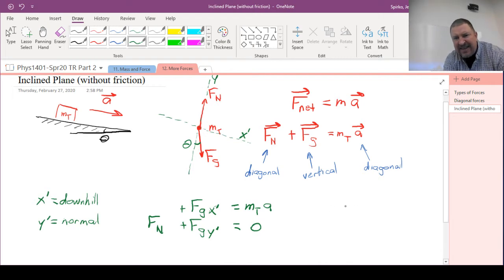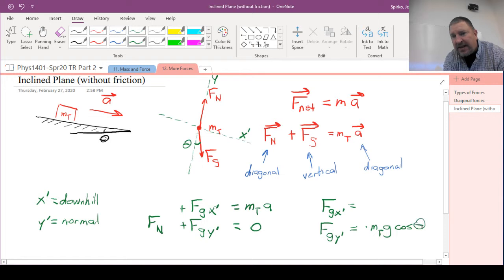So FGX' and FGY', this is going to be, let's just call it, mg cosine theta. And this is going to be mg sine theta.